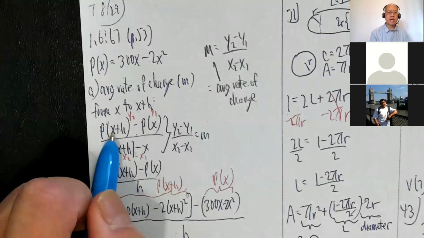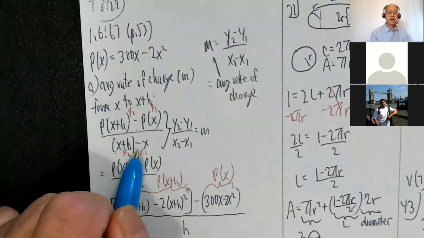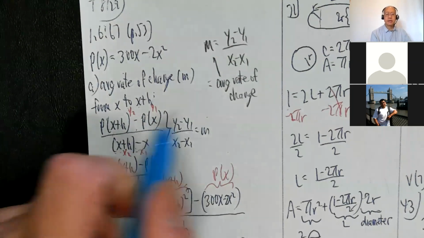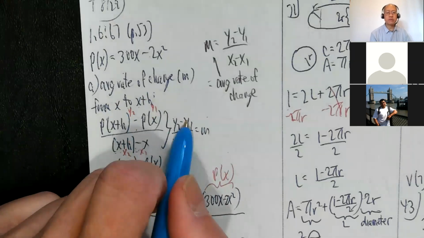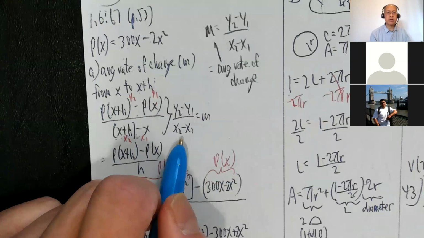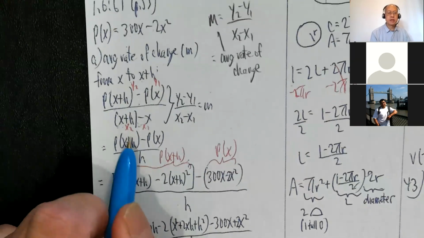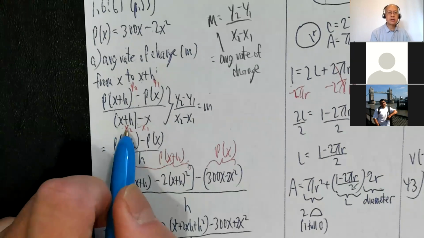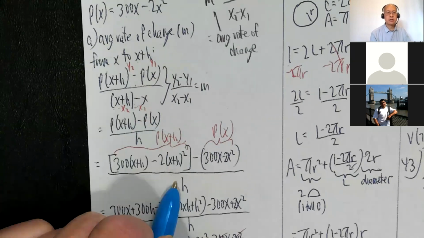So P of x plus h minus P of x divided by x plus h minus x. It's slope. Let me do the bottom first. What's x plus h minus x? Well, that's just going to be h.